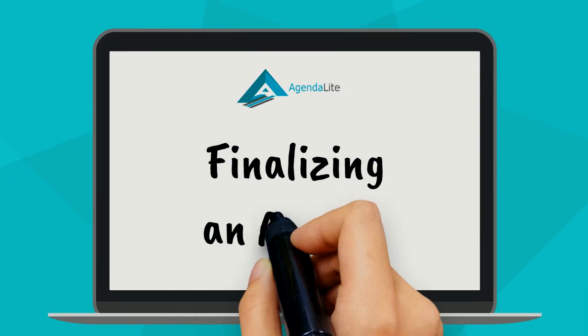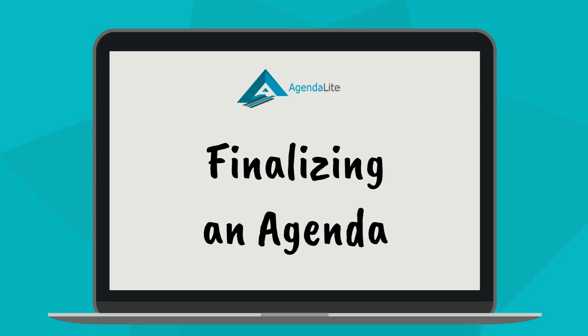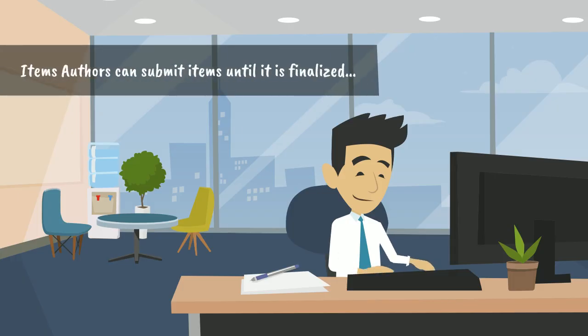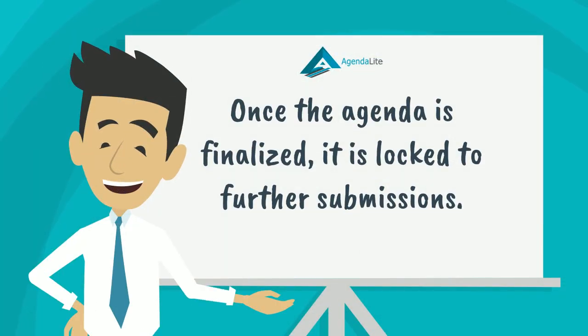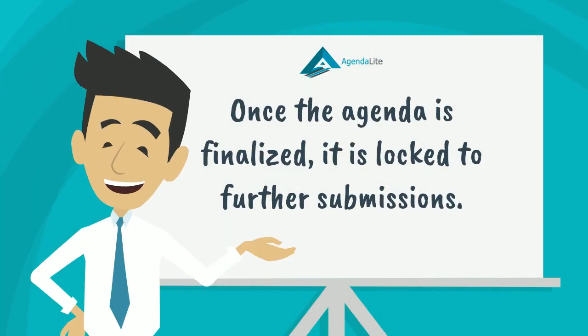Item authors can continue to submit agenda items to an agenda until an agenda is officially finalized by your board assistant. However, once the agenda is finalized, it is locked to further submissions. This means that no one can submit any other items for inclusion in this agenda, and approvers can no longer approve agenda items for that agenda.